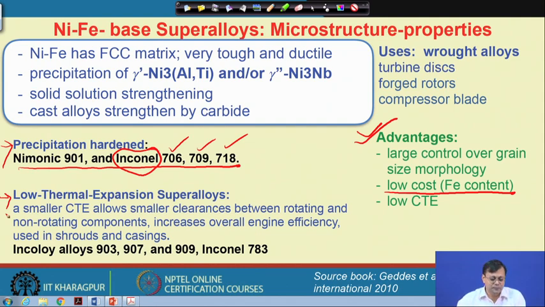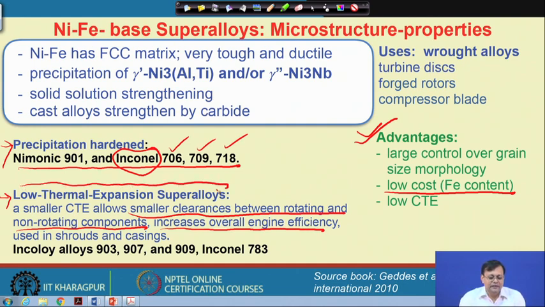So, this is a very specific purpose: a smaller clearance between a rotating wheel and a non-rotating component should be considered. It basically increases the overall engine efficiency, and for this specific purpose we like these nickel-iron based alloys with some specific composition range that shows a low coefficient of thermal expansion, and this is also a big advantage.